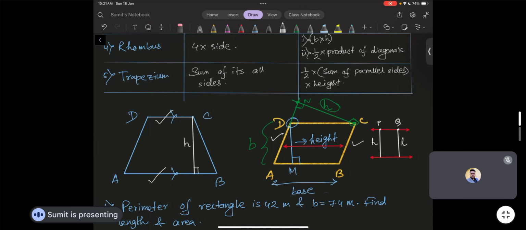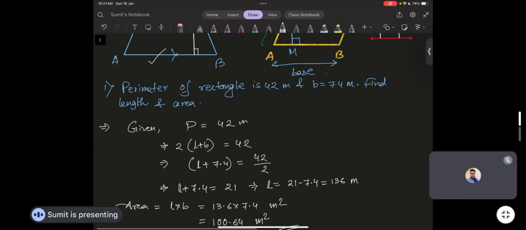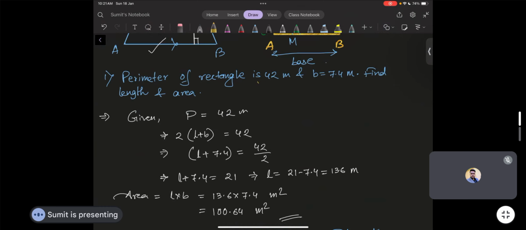So this is the concept of mensuration, and with this concept we have sums. Our sum will be: the perimeter of a rectangle is 42, base is this, find the length and area. So if perimeter is given, we will apply the formula for perimeter, that is 2 into L plus B. Over here we can put the value of B and we can find the length as 13.6 meter.